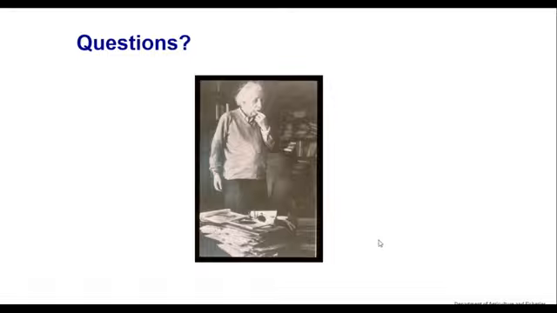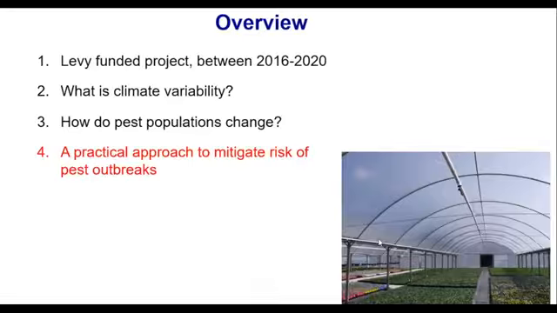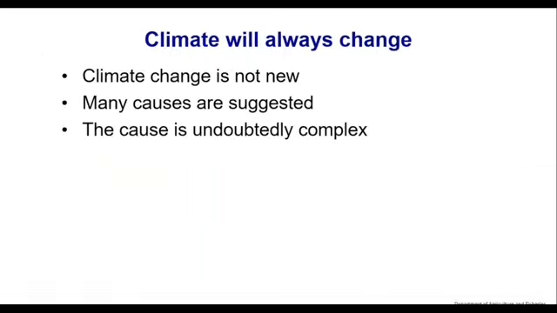All right, we'll keep moving. Okay. So within a framework of some pests are going to increase and some are going to decrease, the practical approach to mitigate the risk under whatever happens next, that's what we're going to talk about now. But first of all, climate change isn't new.